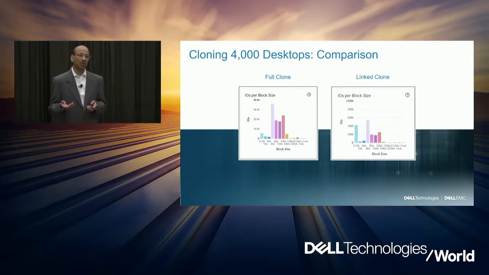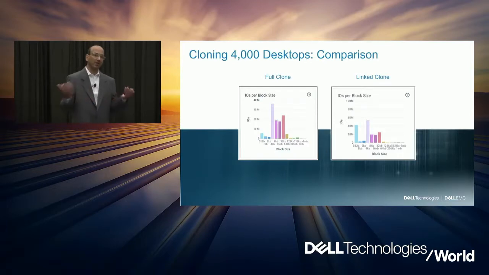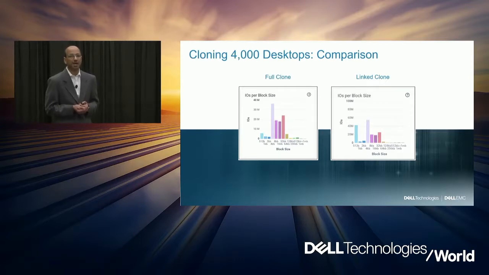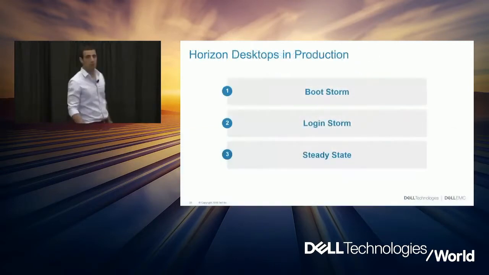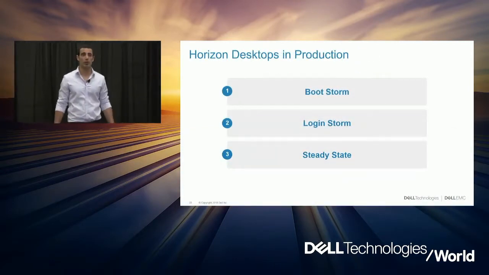But on the linked clone side, you see a high percentage of very small 512 byte blocks that delivered almost 40 million IOPS, and those very small IOs are coming from the way VMware takes snapshots, does the powering on, applies sysprep, etc.